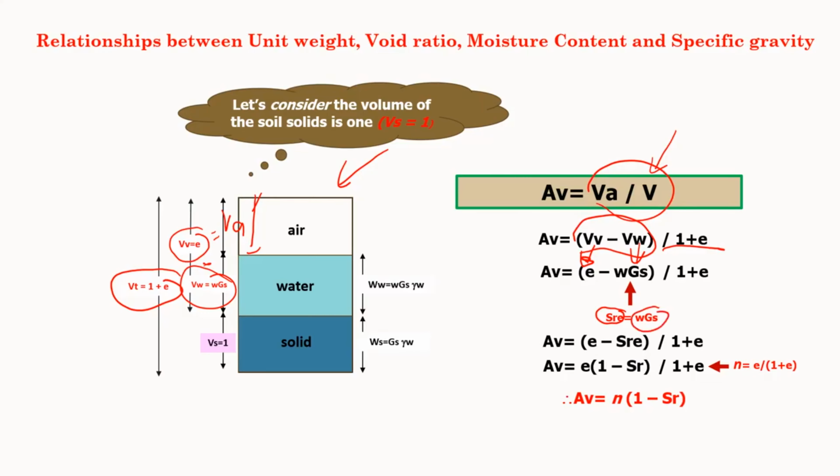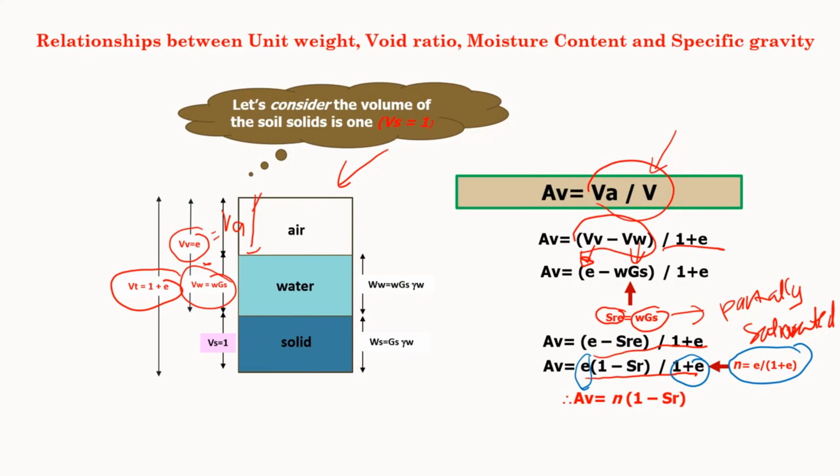This wGs equal to Sr e is only for partially saturated soil. So we simplify those equations, and if you focus on this part, e divided by 1 plus e is equal to n.